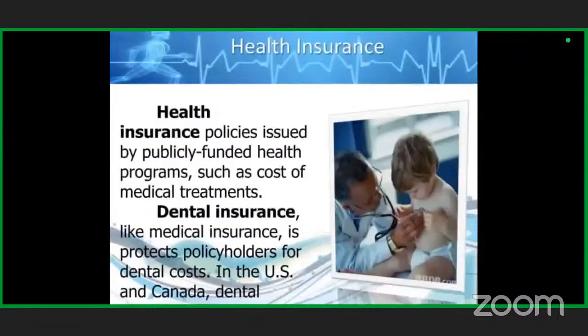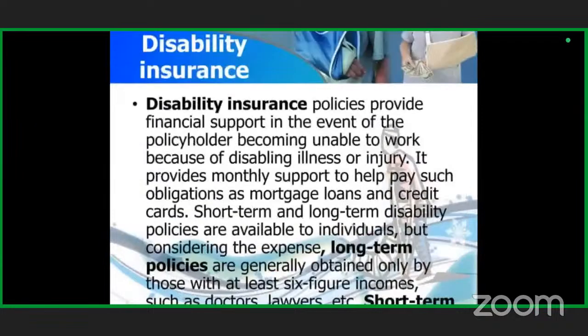Coming to health insurance, it will be taken by individuals for future illness, to bear the medical expenses. Disability insurance means that if any permanent or long-term disability takes place and the person cannot earn because of that disability, the insurance policy will cover it.